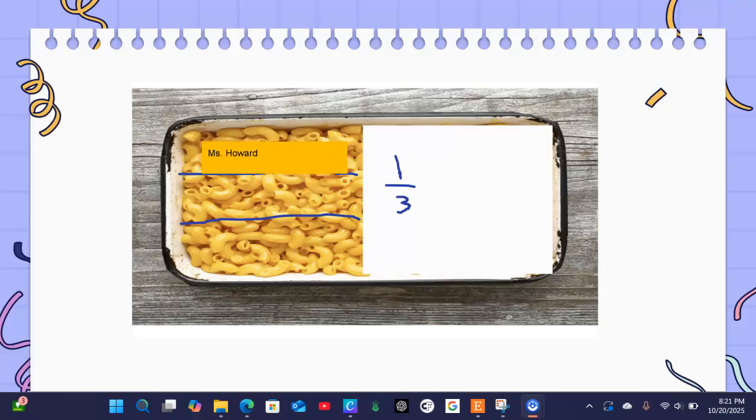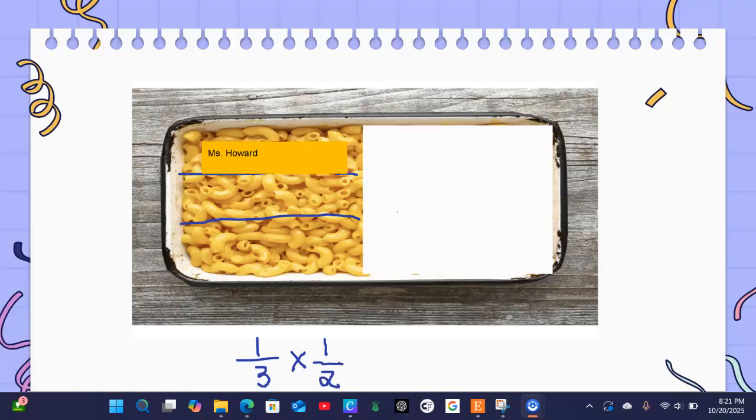However, here's what we need to consider. Let me actually write it down here. 1/3. I am going to be taking 1/3 of, what did I start with? Well, I know that the whole pan was there.